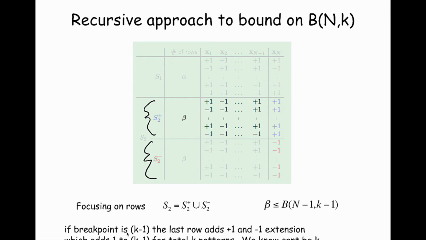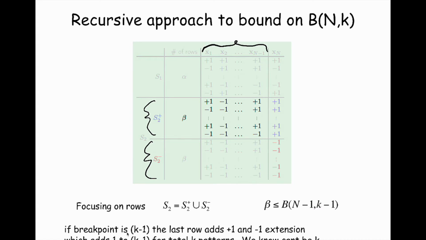We said from before that the number of dichotomies in each one of these regions is beta, and that everything in S2 plus is also in S2 minus from the perspective of the first n minus 1 positions. So if we look at this region S2 plus, and because it's the same size as S2 minus, let's look at the size of this.